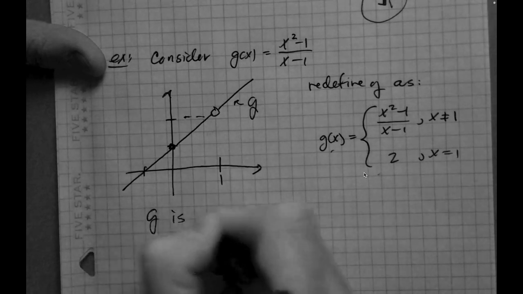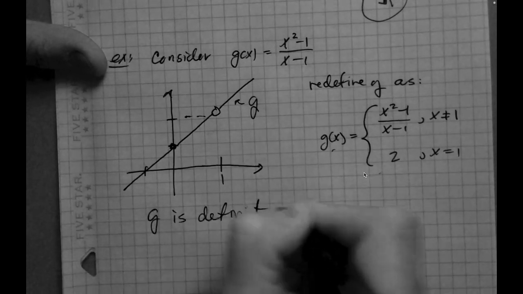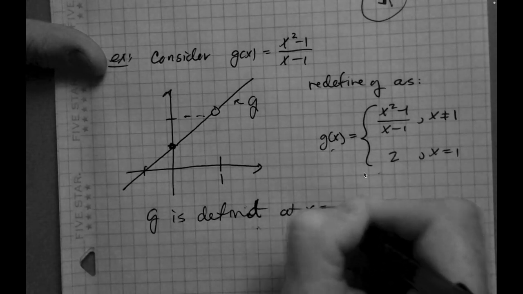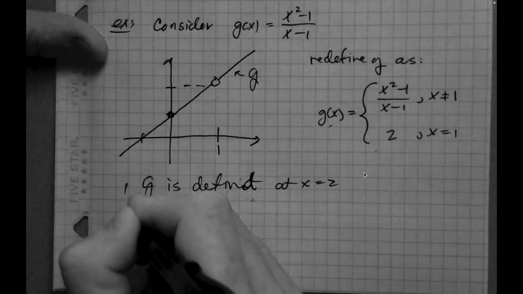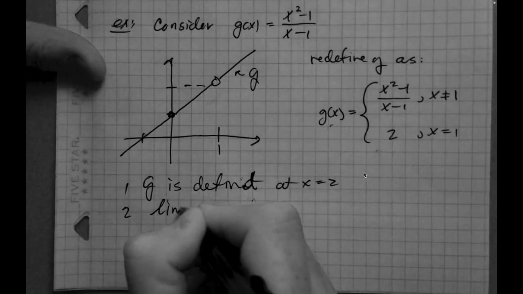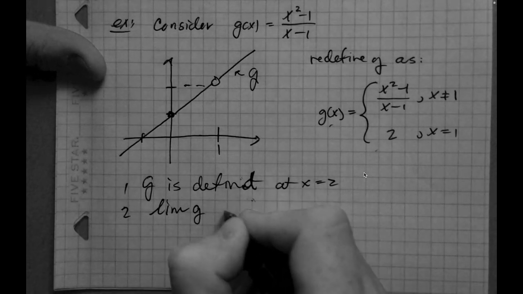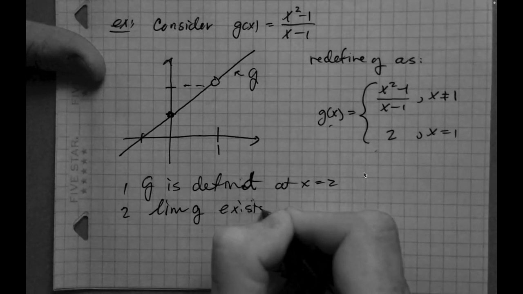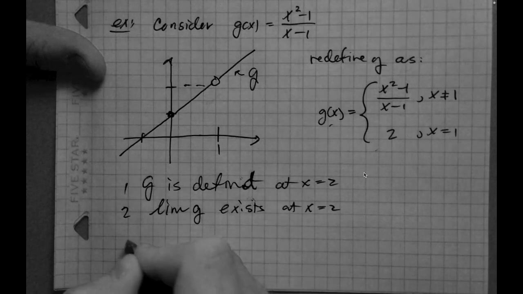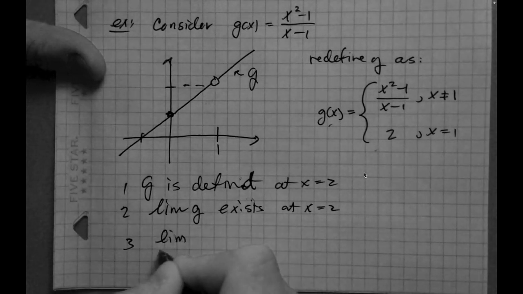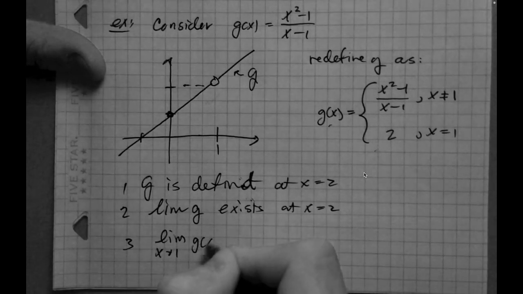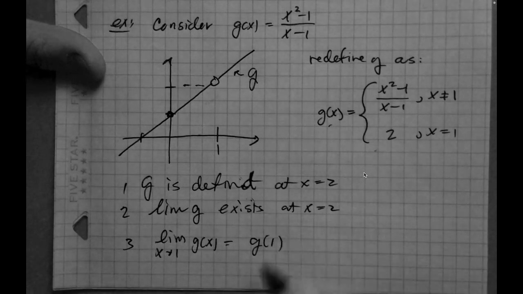So g is defined at x equals 1. The limit of g exists at x equals 1, and the limit as x approaches 1 of g of x equals g of 1.